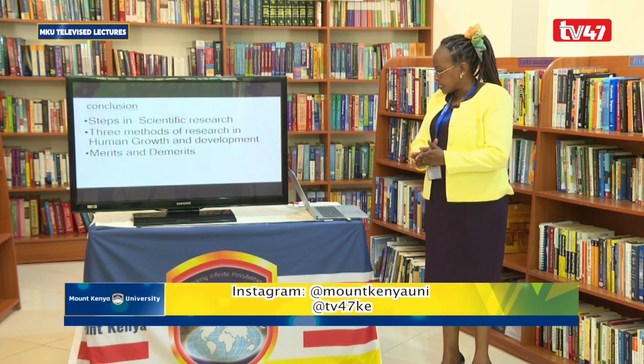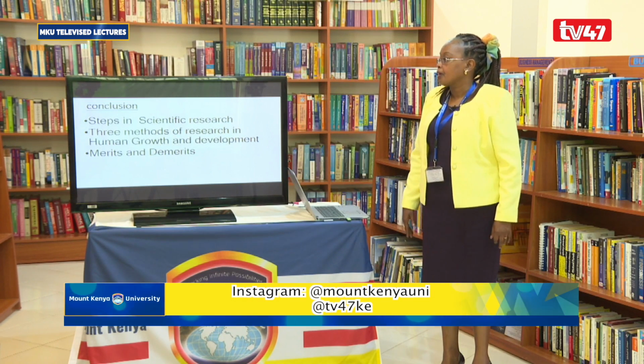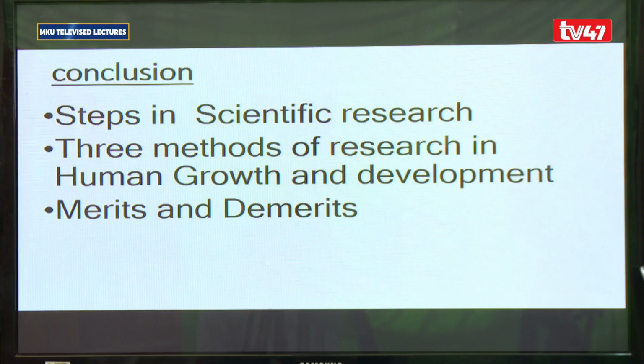Now, the other thing that I think we need to do is our conclusion. In terms of the conclusion, we have been able to see some of the steps in the scientific method. We have also been able to see at least 3 methods that we can use to generate research in human growth and development, and also their merits and demerits.